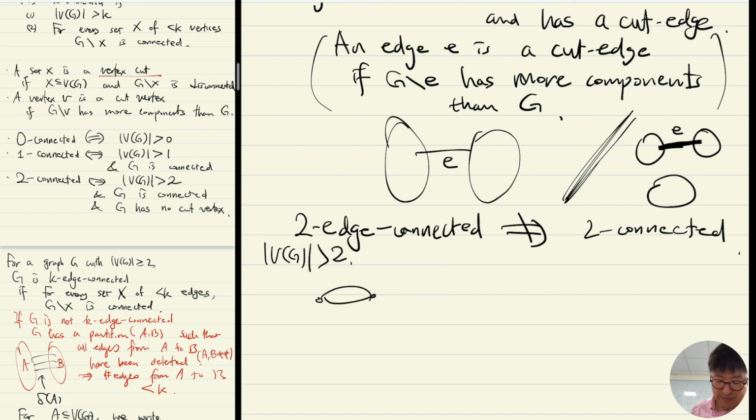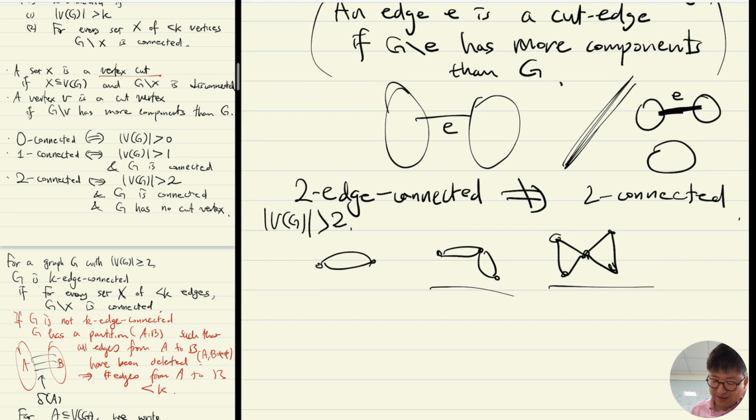Well, actually there are many. I might say this, right? Anything else? This has many parallel edges, but if you want to insist on simple graphs, you still have a counterexample like this.